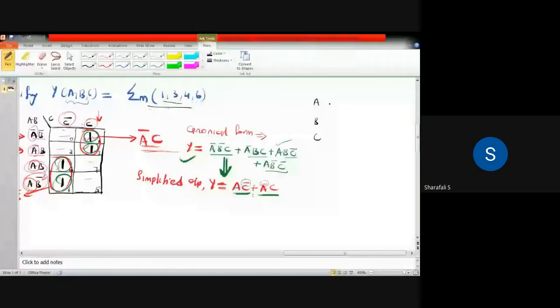Okay, so for the network with that canonical form, we have this network. A bar B bar C, that is the first term that we need. A should go to a NOT gate, and that will give me A bar. And then I have B bar also, so I need a NOT gate for B also, to get B bar.